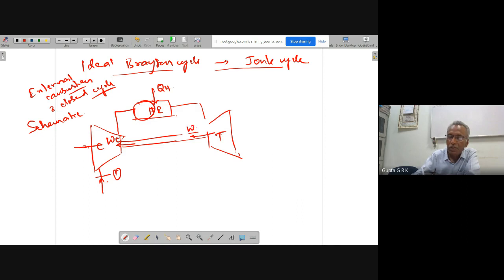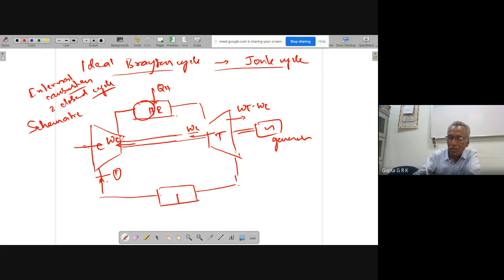WC goes this side, and this side WT minus WC goes, which runs the generator. And here there will be another heat exchanger. Okay, so here there will be heat lost, and this is the air cooler, and this is the air heater. Okay, so this is the Joule cycle.